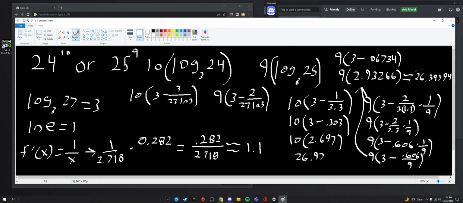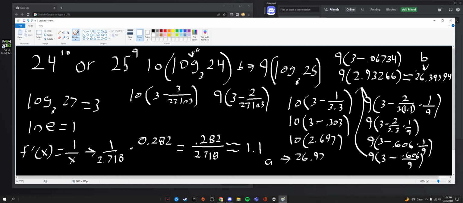That is our estimation for 9 times log base 3 of 25. We'll call that B. This right here I have decided now is A, and this is B. So this is B, and where's our other estimation? Here, right here. This is A.